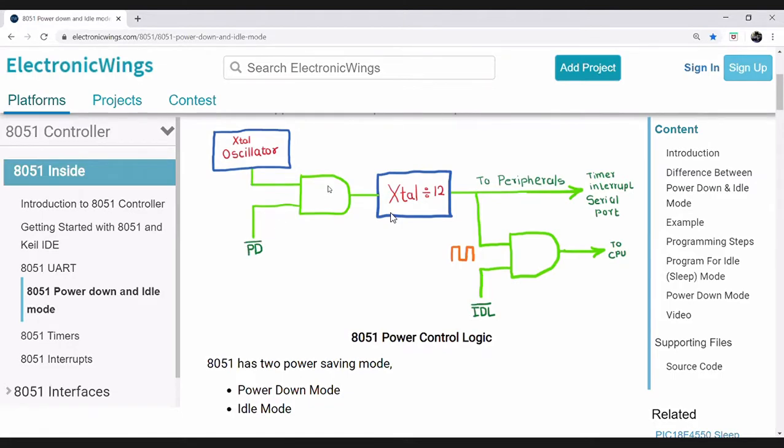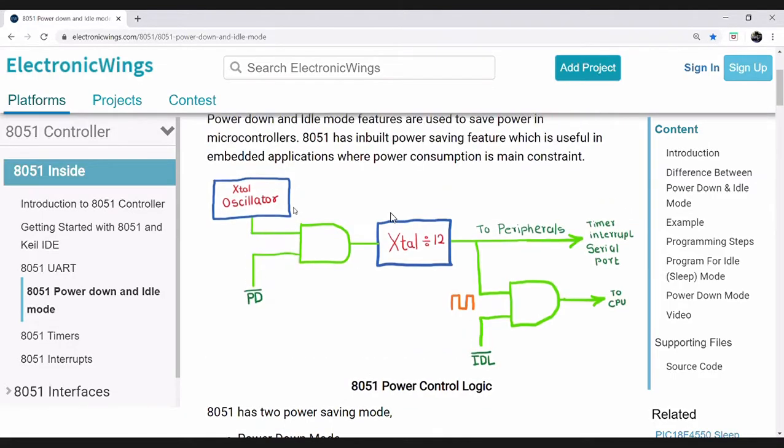Can you see that this is the AND gate? Only if the crystal frequency generated by this oscillator reaches the peripherals or the CPU, then only these two will work. If it does not reach here, it will not work. Are you getting or not?